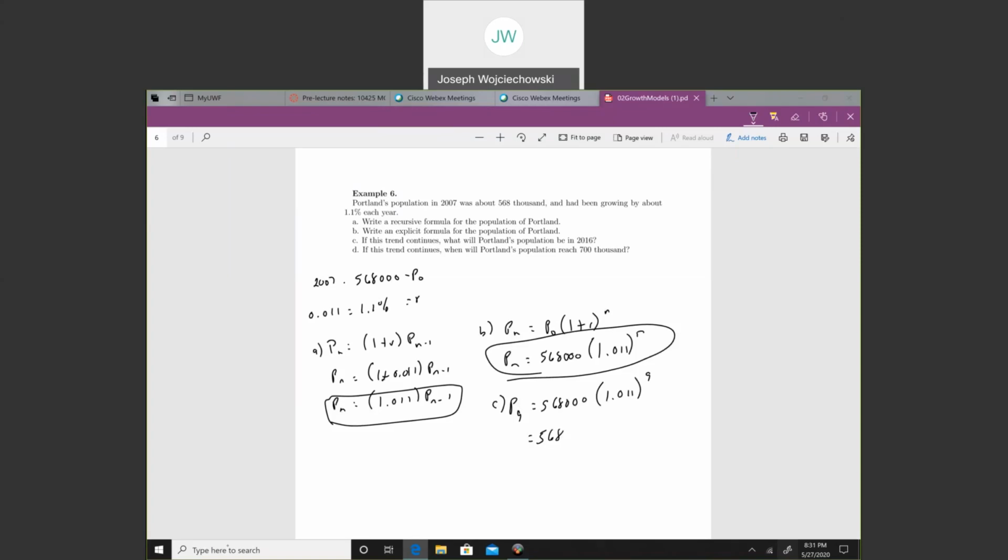And 1.011 to the 9th, I get 1.1035 rounded to 4. Multiply that by my 568,000, and I get 626,770, and we round up to 1. And I guess those are people.